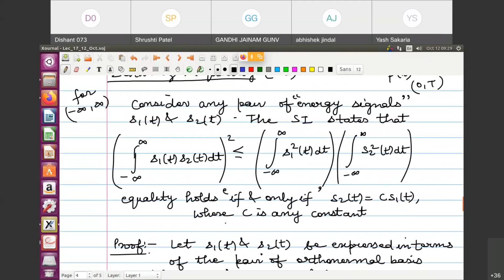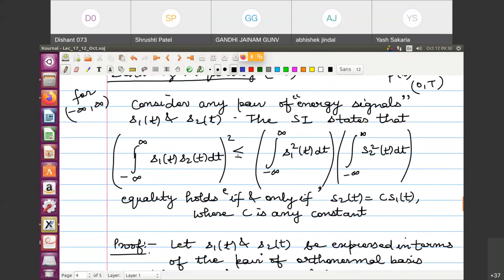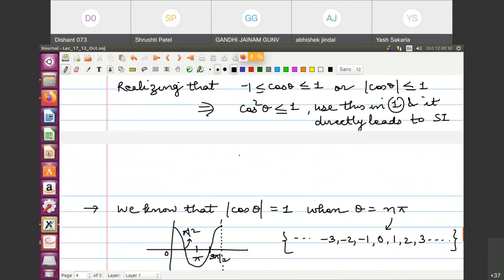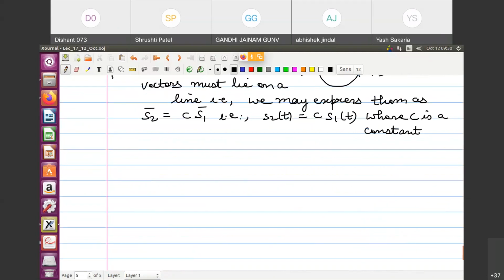And at the start of the proof I said that it may seem to be a loose proof, but our purpose in this course is not to prove this, it is just to understand how our vector concept of signal space helps us show that this works. So we have not done it that way, and that was not required at the moment.